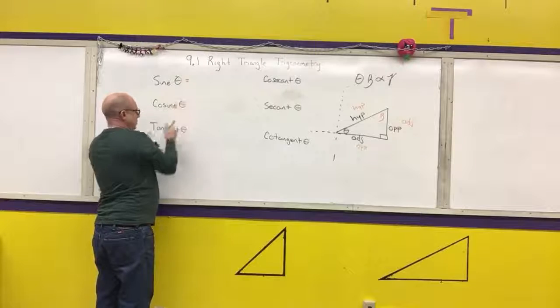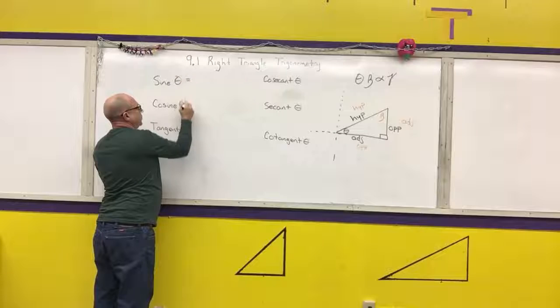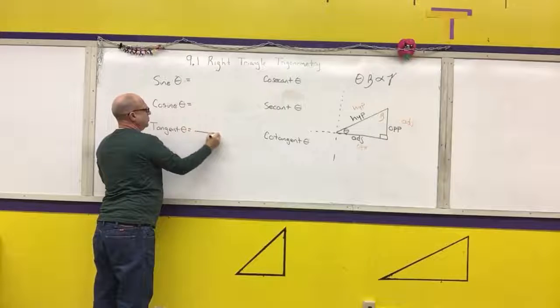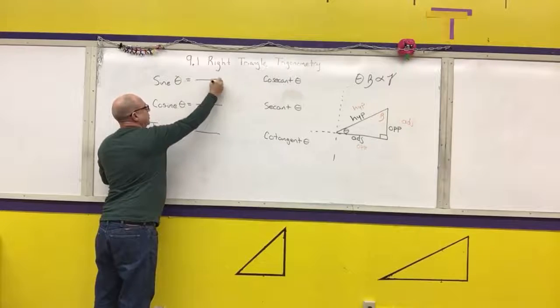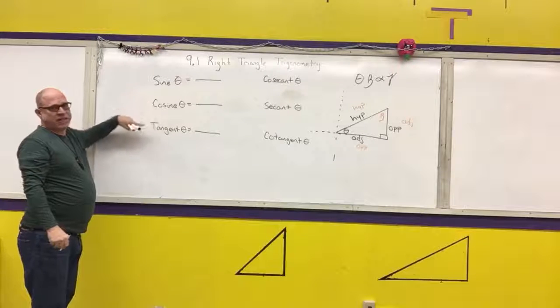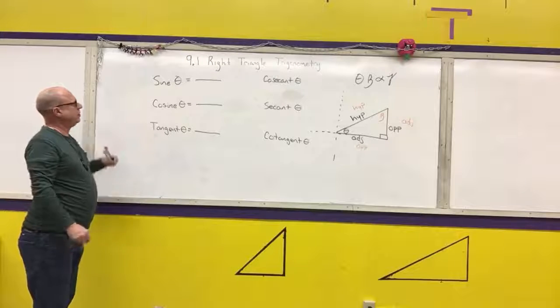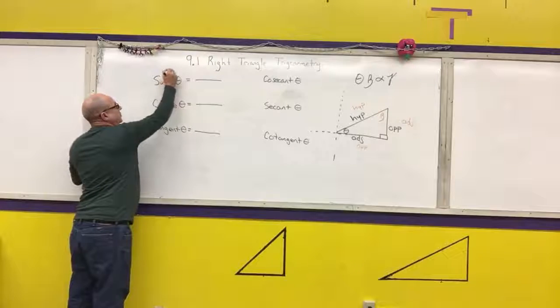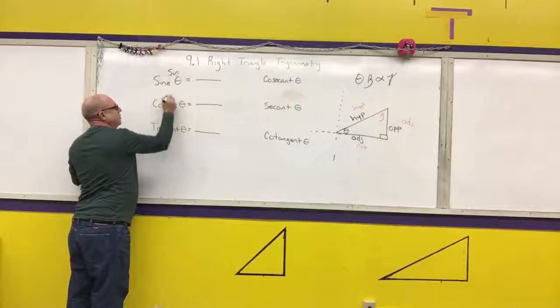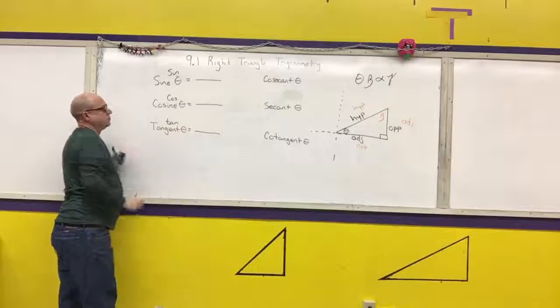There is an easy way to remember which ratio goes with which. First thing I want to point out is these 3 functions are in the same order as the trig function buttons are on your calculator. This first one is abbreviated SIN. This is COS, and this is TAN.